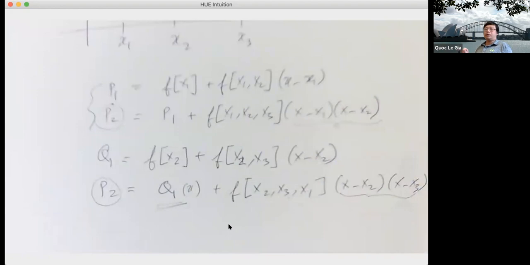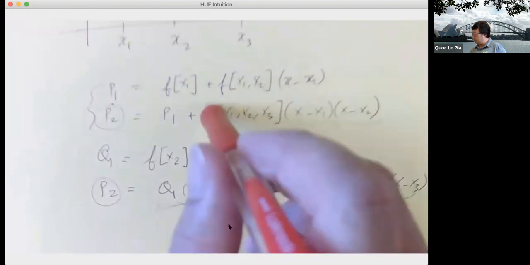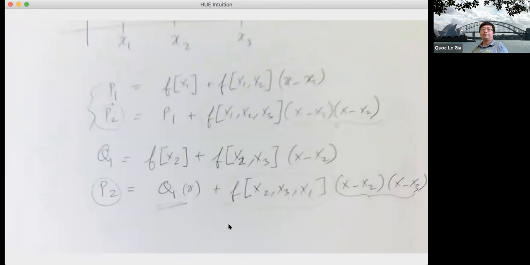Now you just use those 4 equations, then you can derive the formula for this. The formula can be derived from these 4 equations, and that is the next slide. Once you see it, then the next slide will be very clear. So next slide.